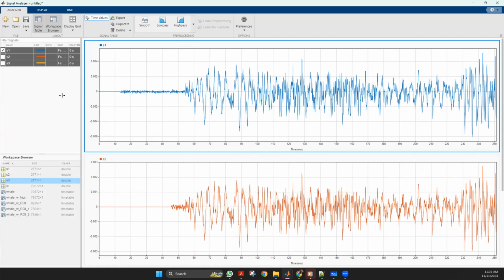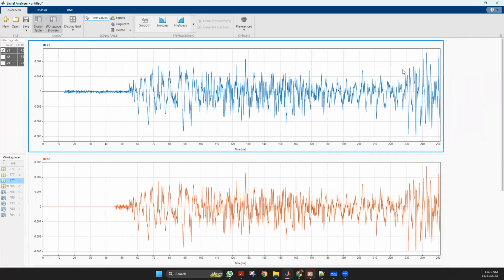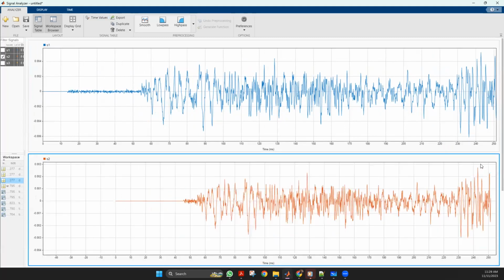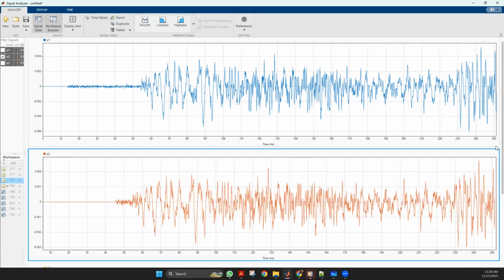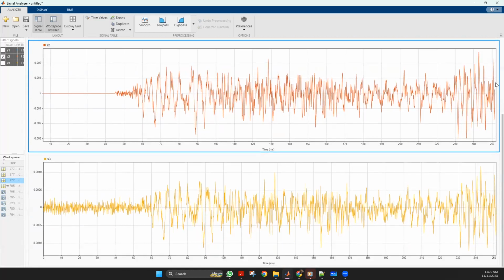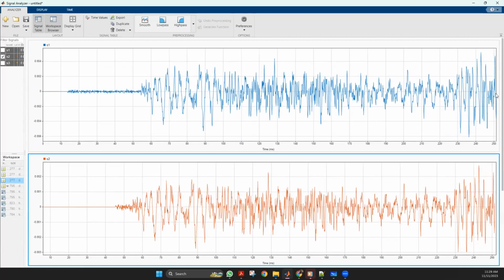I can see that there's some peak occurring at the end, right? In S1, S2, there are some peaks occurring at the end of the signal. In all these signals, I can see that. That is the kind of similarity I can see.